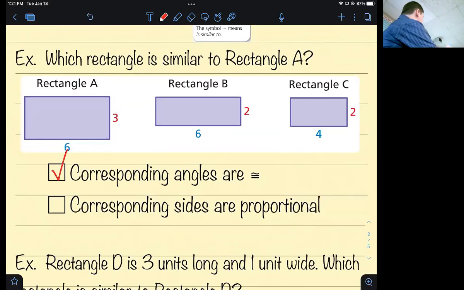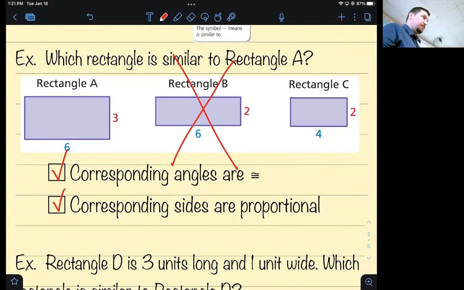So B and C both have the same angle measurements as rectangle A. But one of them is different as far as the corresponding sides. The corresponding sides went from 3 to 6. What rectangle keeps that same ratio of the length being twice as long as the width? Rectangle C. So rectangle C has to be the one that's similar, not B.